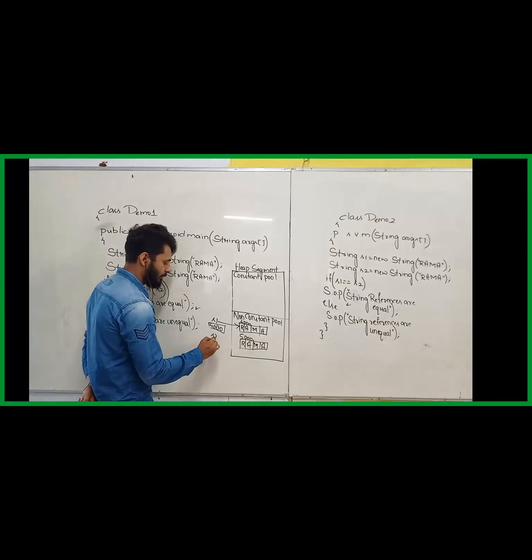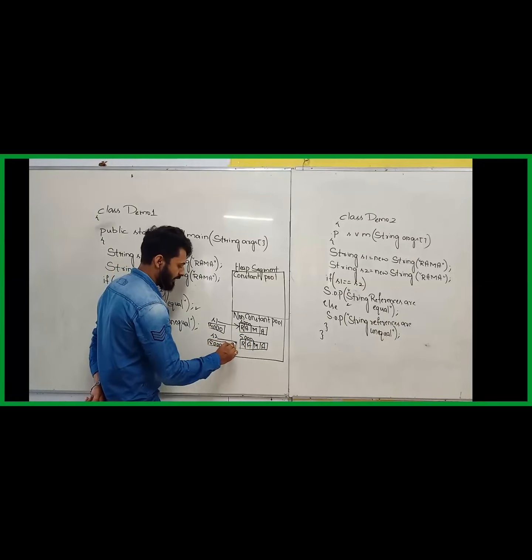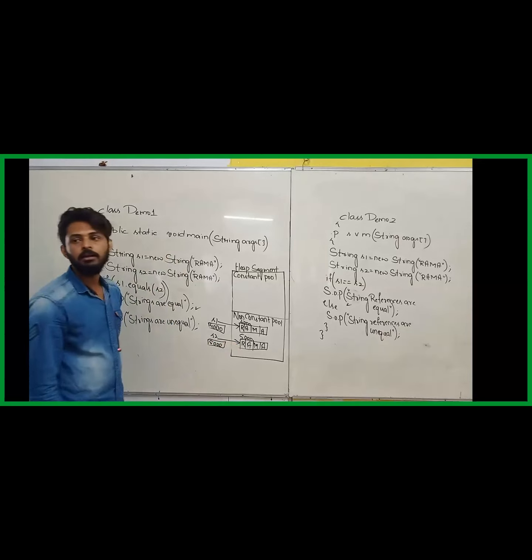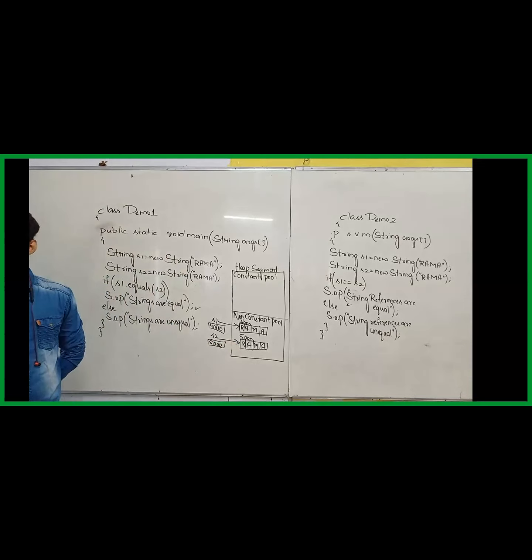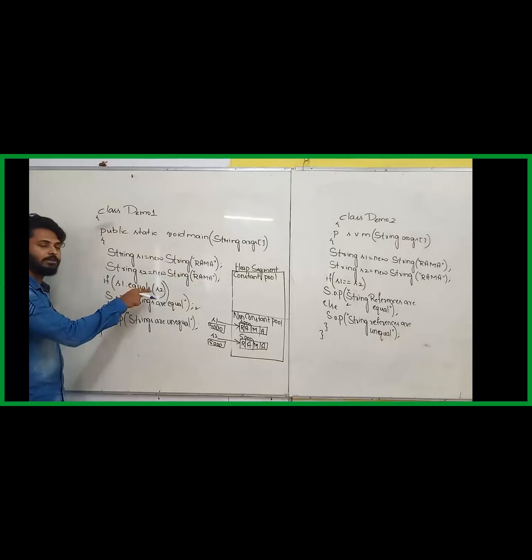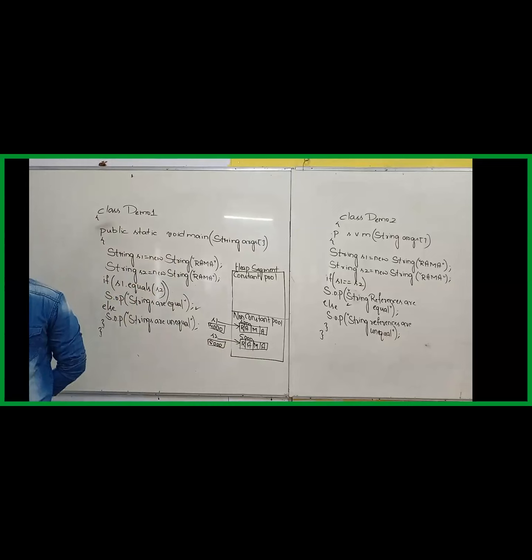So this will be your S2, this will be your 5000, and it will be pointing to here. Got it? Now if you check the equals method, S1 dot equals of S2, what will be the output? Strings are anyway equal, so I should get the output as "strings are equal." But what about the other one?